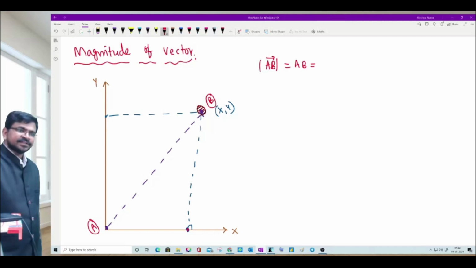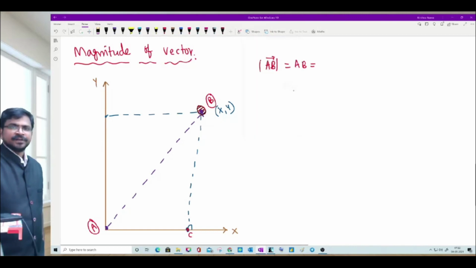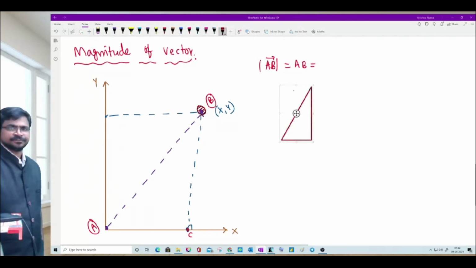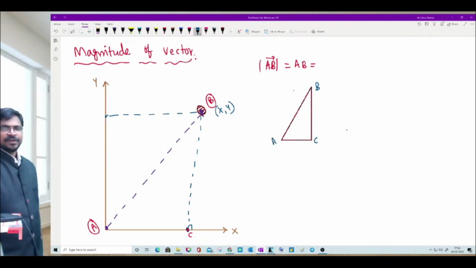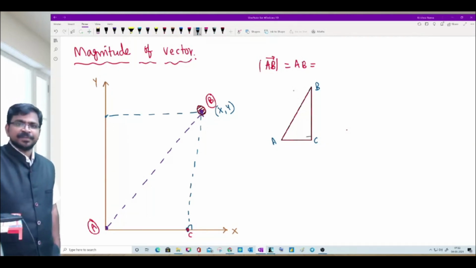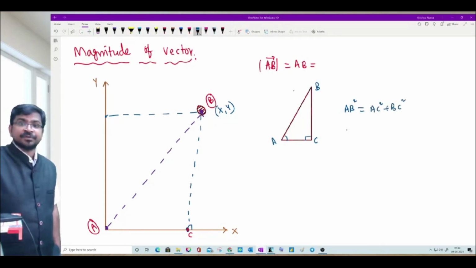Let me take this third point as C. We have a triangle like this, with B, C and A, and this is theta. According to the Pythagoras theorem, AB square equals AC square plus BC square.